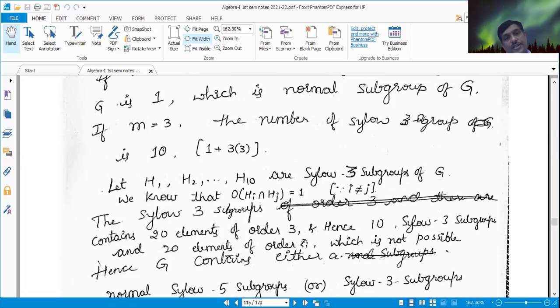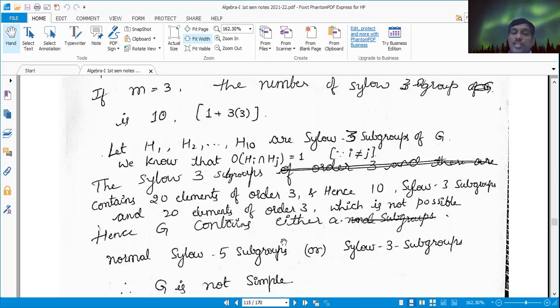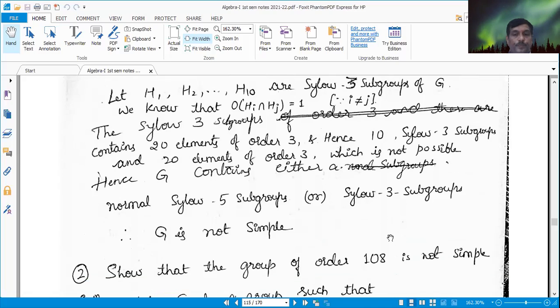You already got 25. Again here another 20? Is it possible? No. That's why we say which is not possible. Then G contains either a normal Sylow 5-subgroup or a normal Sylow 3-subgroup, meaning G is not simple. This is the one theorem.